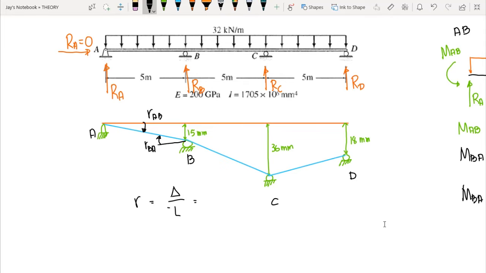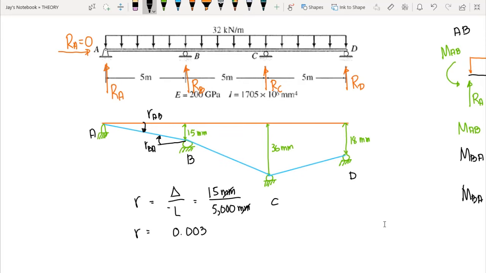The settlement is 15 millimeters over the length of the member, which is 5 meters, or 5,000 millimeters. So R is equal to 0.003, and we can cancel out the millimeters. That gives us a unit of radian, because we are dealing with rotation of the chord. So therefore, we are computing the slope.